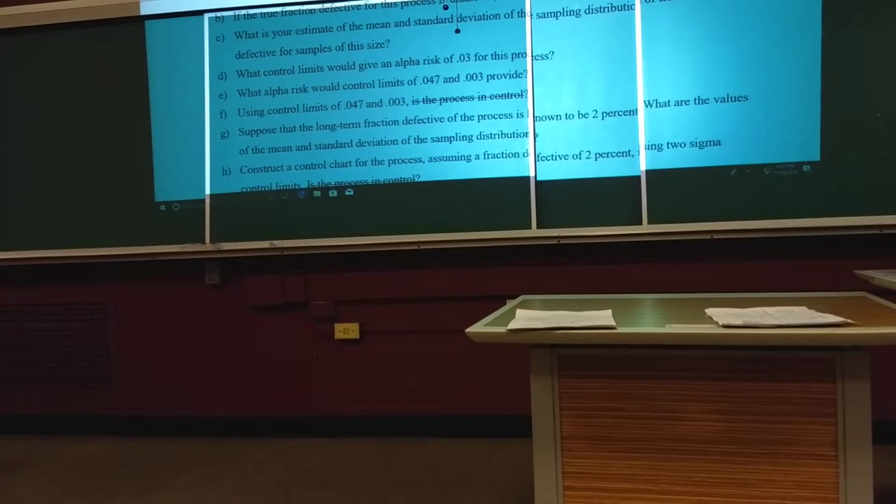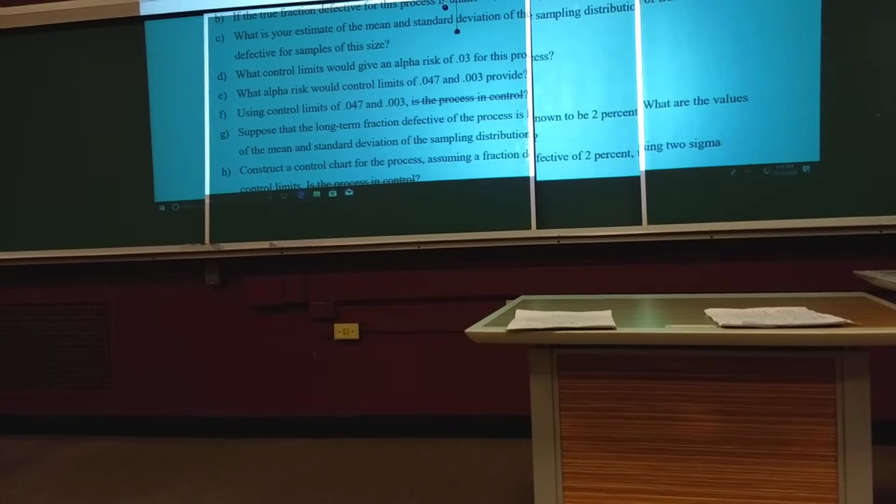So, what is special about these? These are based on counts. Okay. These charts are based on counts. So you basically count defective items or number of defects.